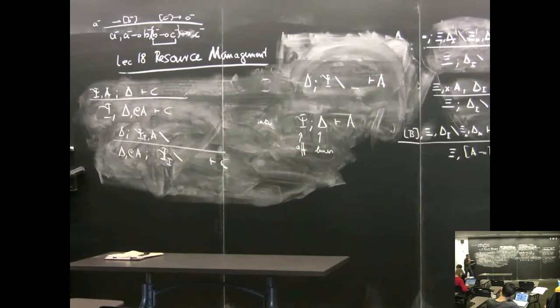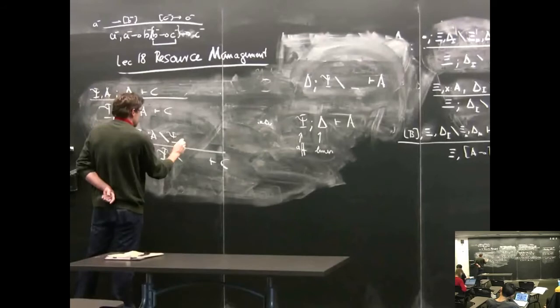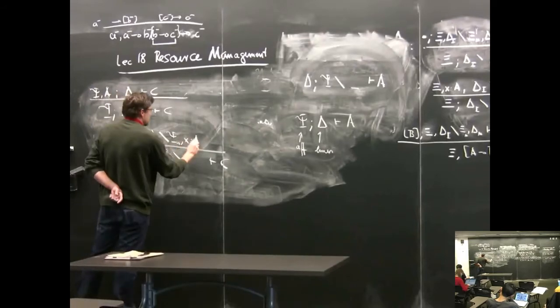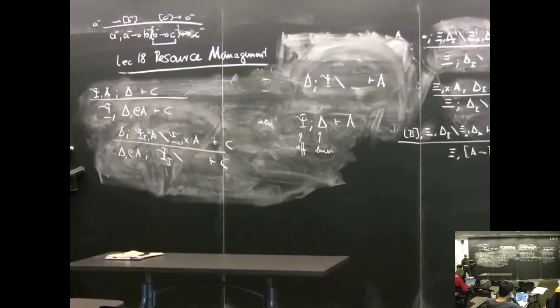Okay, two cases. This x colon A is still there. So what do we do if it's still there? Then we remove it. We didn't need it, right? So it would disappear like that.